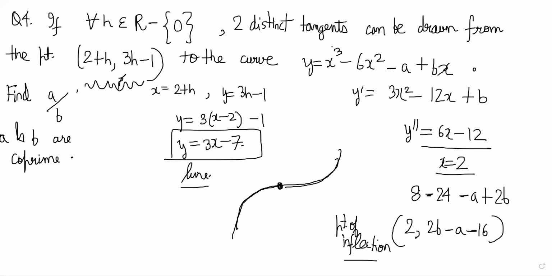How can you draw two tangents? Except from zero, it cannot be zero. Not two tangents can be drawn, right? X cannot be 0.